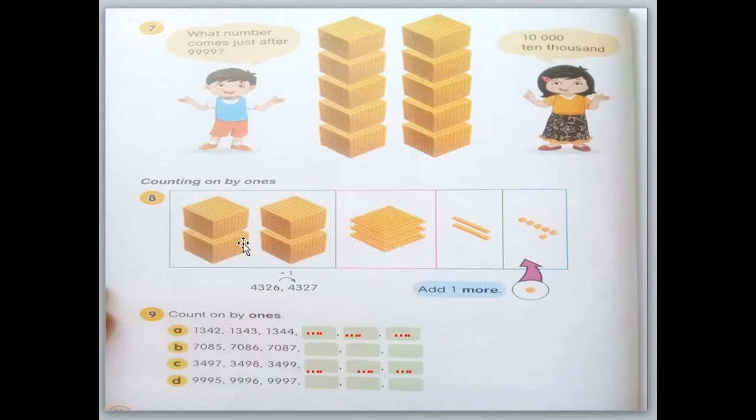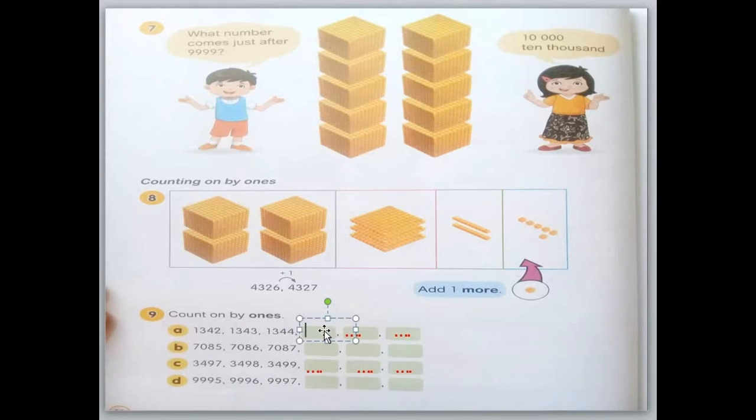On the next question here, now we will count by ones. What is the meaning of count by ones? It means you just add one more on the ones. I repeat, you just add one more on the ones. For example, question number 9. Look at this one, 1,342. The next one, 1,343. The next one, 1,344. So, what number is changing? The changing part is only the ones.